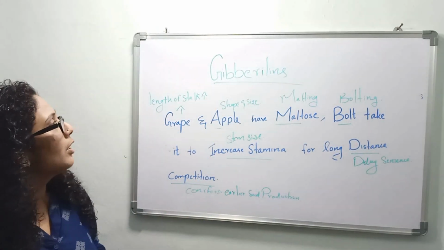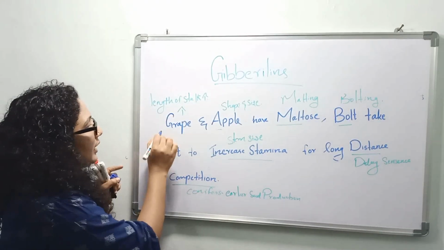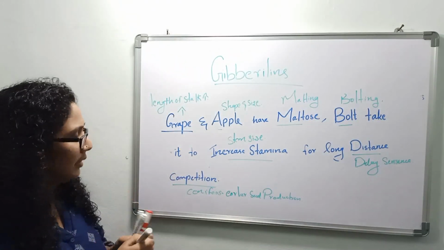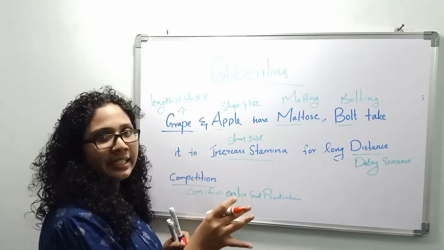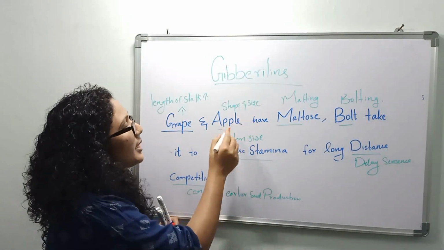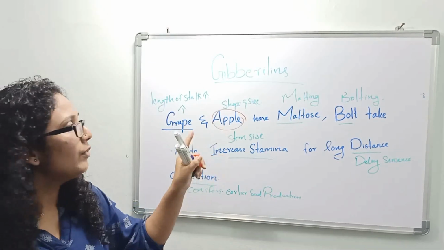One of the important functions of gibberellin is increasing the length of the stalk in the fruit grape. Then gibberellins help to maintain and increase the shape and size of the apple. That is another function of gibberellins.